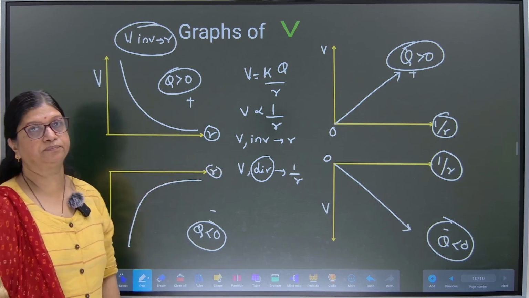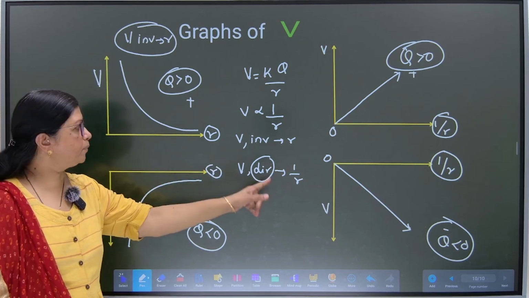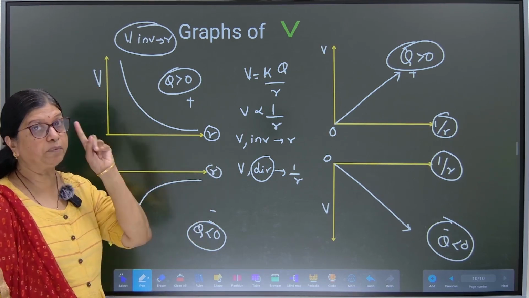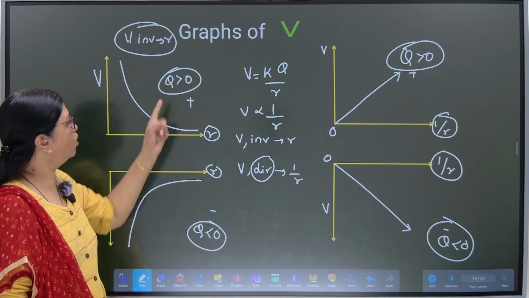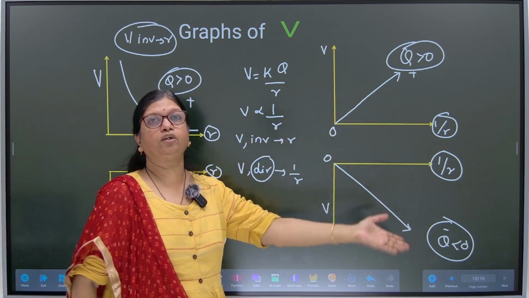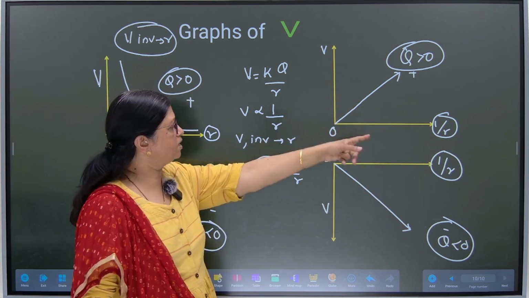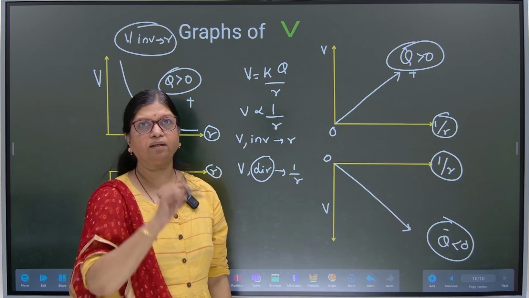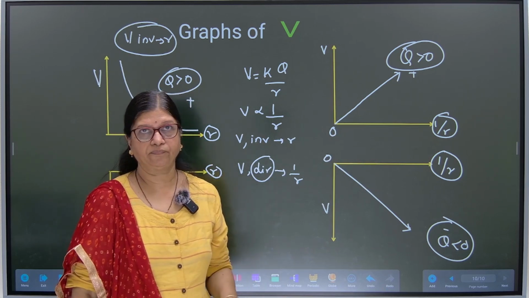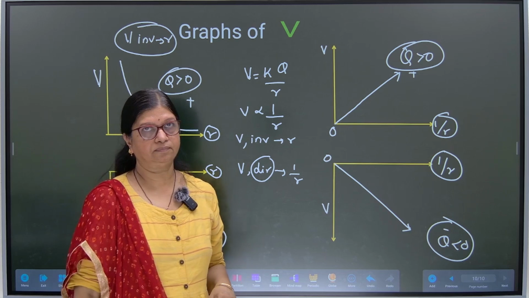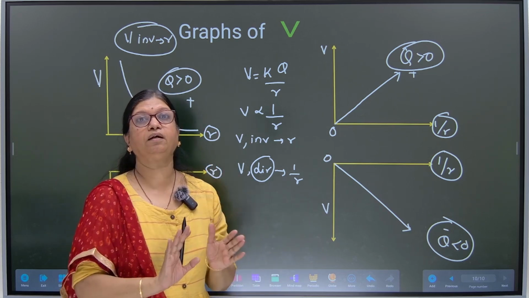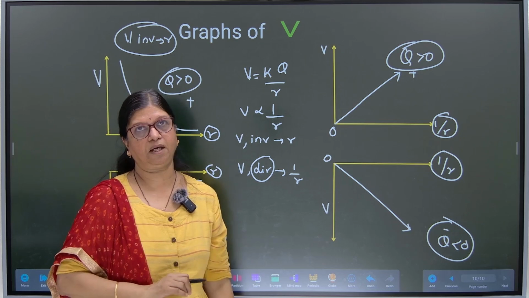Read it. Inversely proportional, directly proportional. If inversely proportional, negative graph, but change the quadrant according to the polarity of Q. Similarly, change the quadrant according to the polarity of Q, provided V versus 1 upon R is asked. Very tricky questions can be asked, but your eye should go to the x-axis and to the formula. Then you will be clear and you will do the correct marking of the graph.